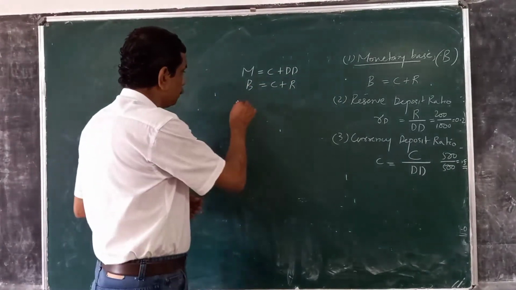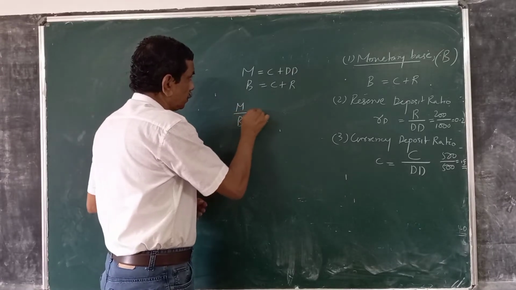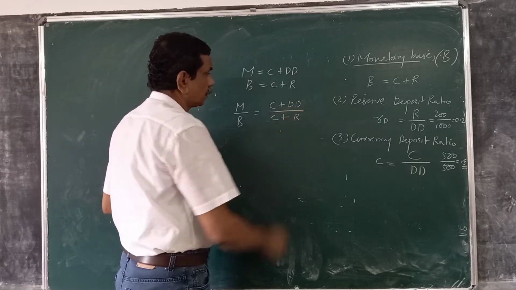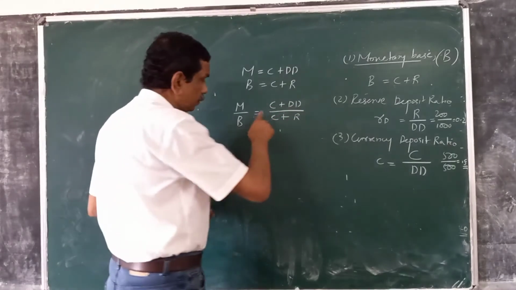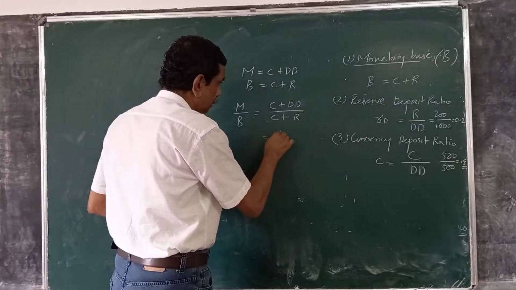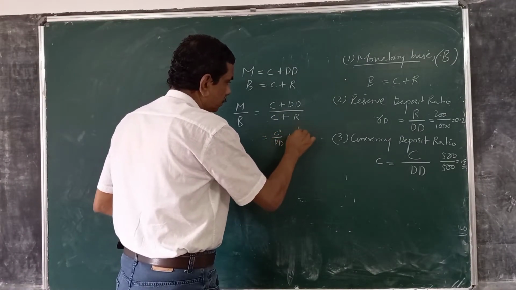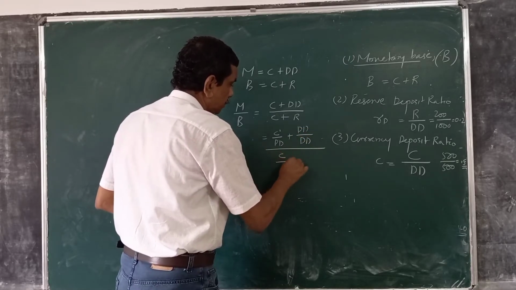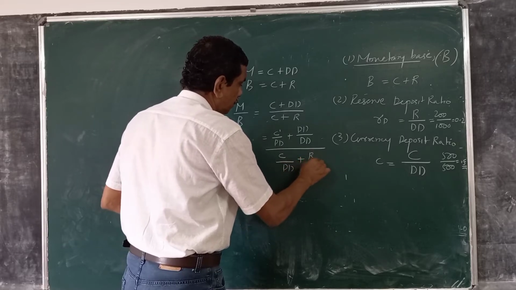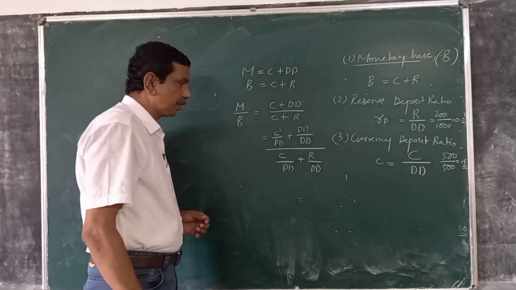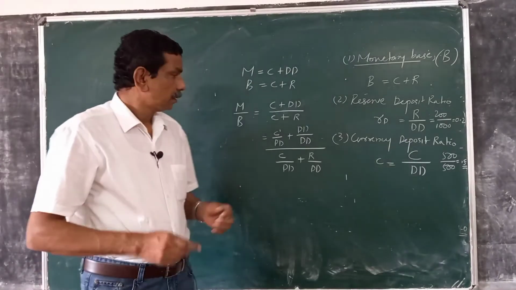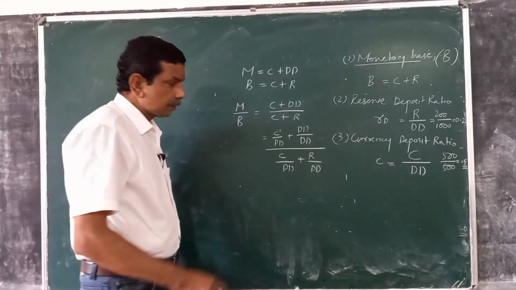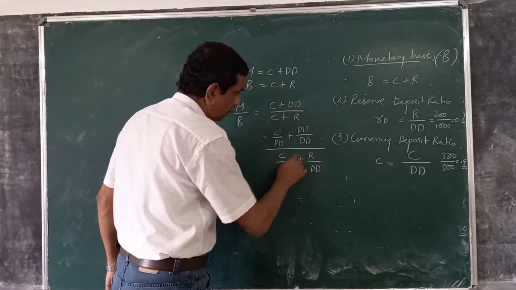Now, M by B is equal to C plus DD by C plus R. Dividing throughout by DD, both denominator and numerator, we get C by DD plus DD by DD, all divided by C by DD plus R by DD. What is C by DD?